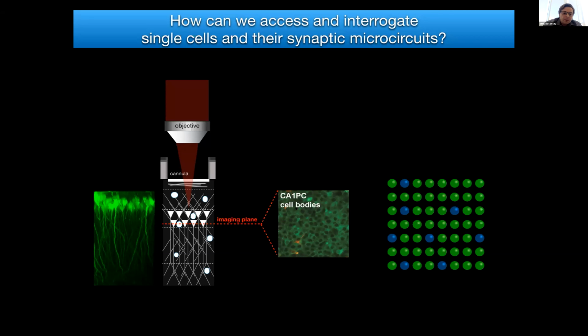Here, the densely packed cell body layer in the hippocampus really complicates the recording, since it's an asset when it comes to high throughput imaging, but becomes a major problem when it requires restricting, for example, optogenetic manipulation to a single neuron or recording from individual dendrites of these cells. So how can we access single cells and their synaptically coupled local microcircuits in the behaving animal?